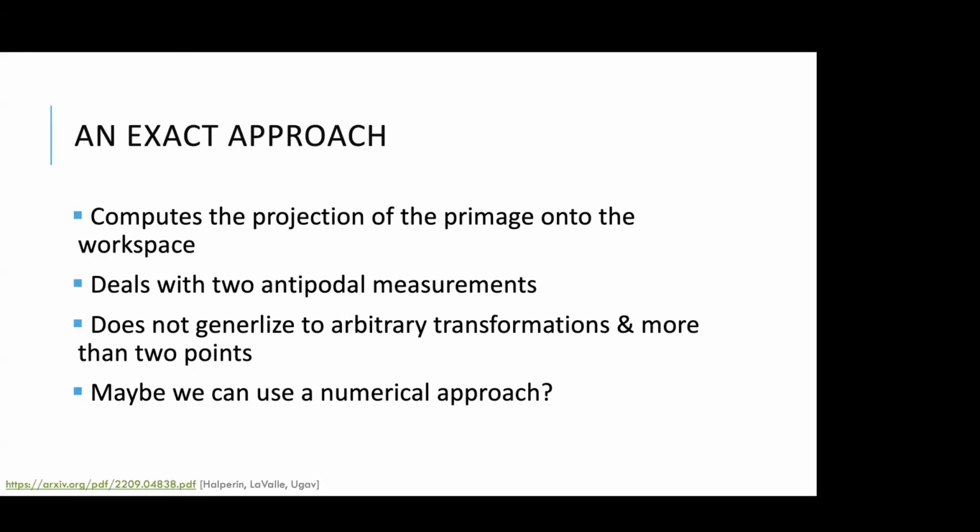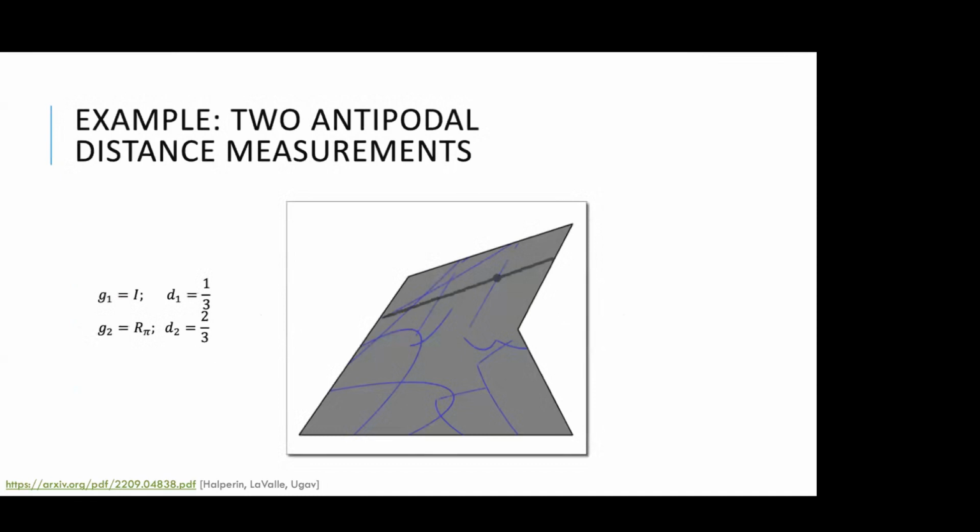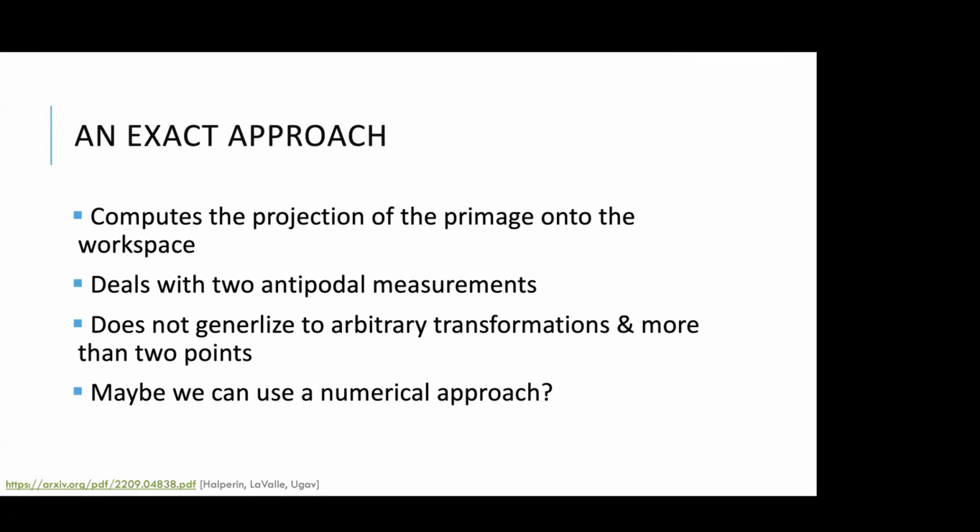So we ignore the theta, but we do want to know how it looks like in the workspace. And also they actually do the algebra to get in that case that it must be either lines or parts of ellipses and nothing else. And they actually show how to compute those exactly.